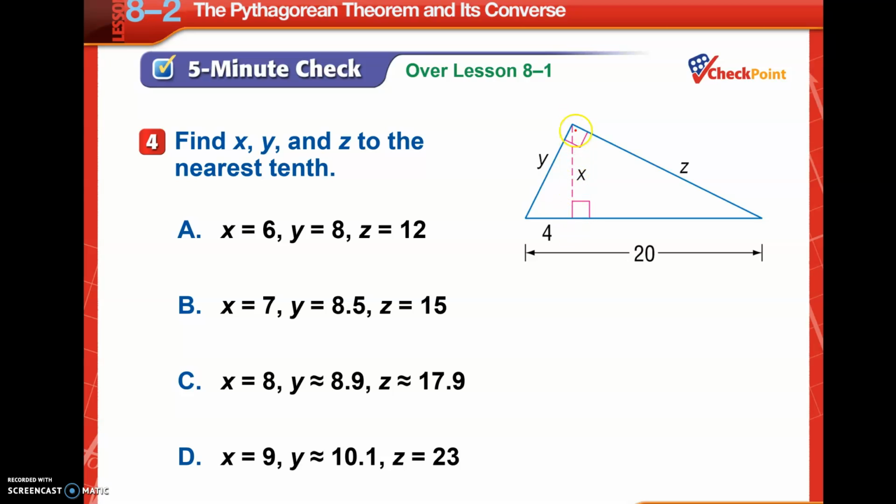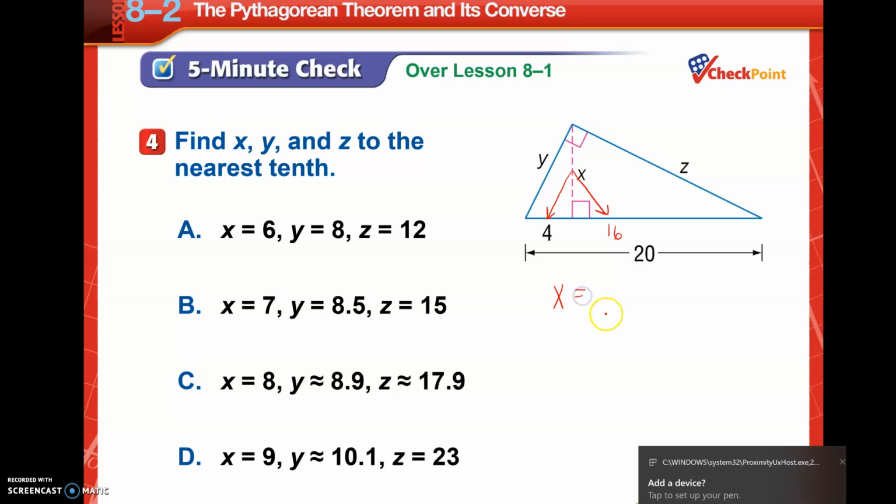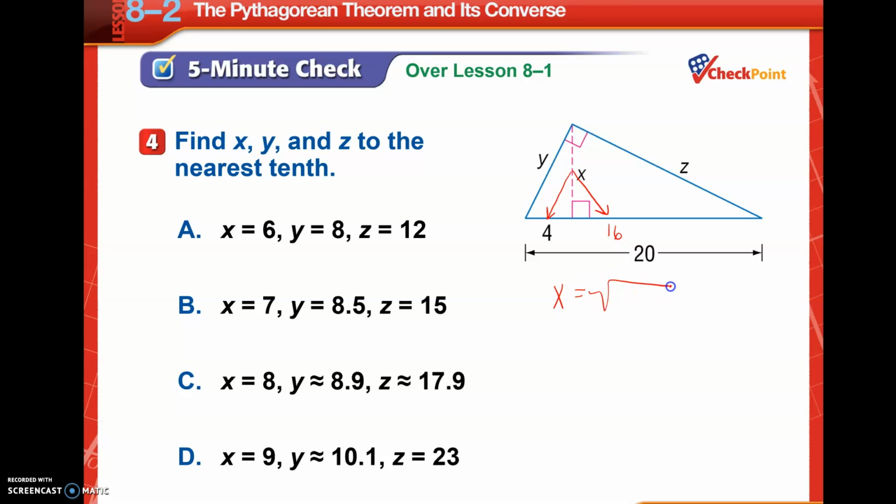The altitude of a right triangle forms three similar right triangles, and because of that we can see that x here is the geometric mean between 4 and this number, 16. So x equals the square root of 4 times 16, which is the square root of 64, which equals 8.